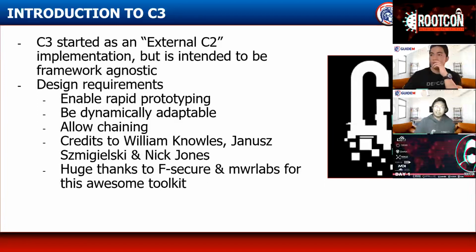C3 started as an external C2 implementation. It acts as a gateway wherein you can extend the red team tooling into Cobalt Strike and Covenant. This framework allows red teams to develop their custom command and control channels quite easily, and it can be used for detection as well.